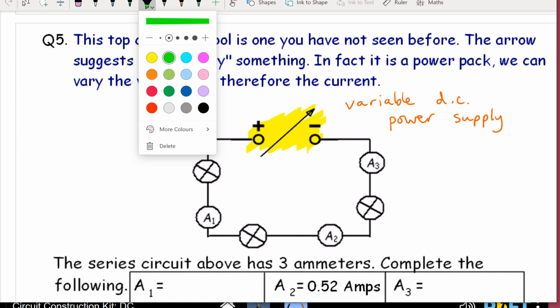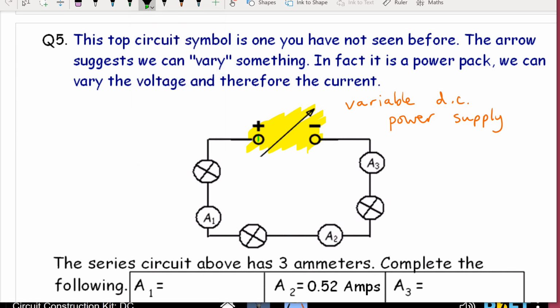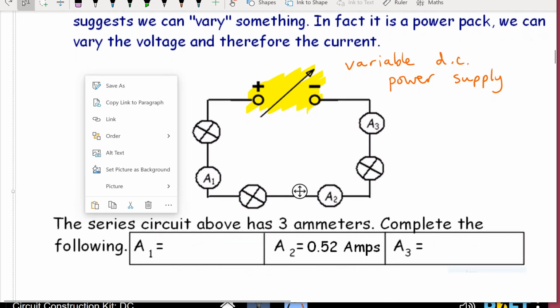Okay, so remember, the current flows from positive to negative, and then on and on, like so. Now, it's a series circuit.